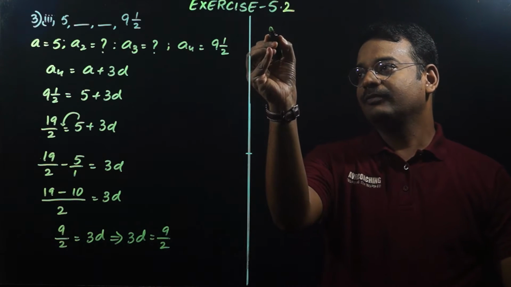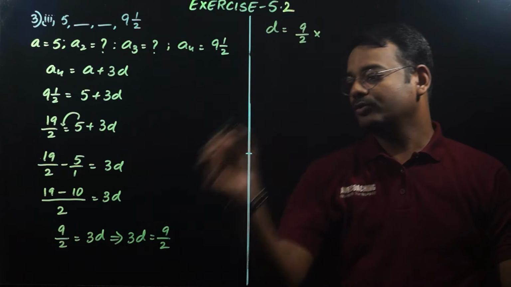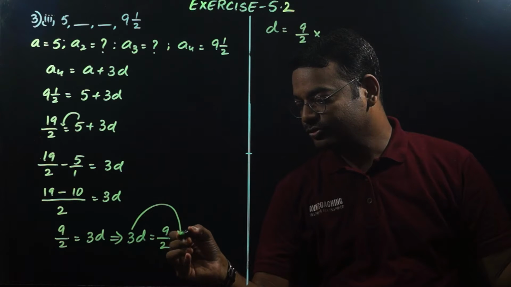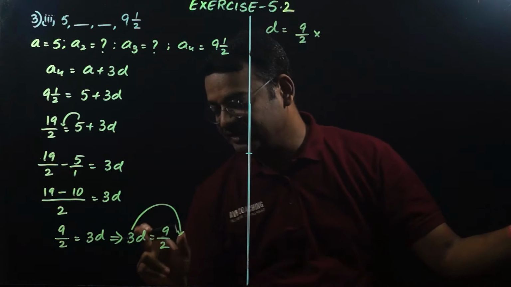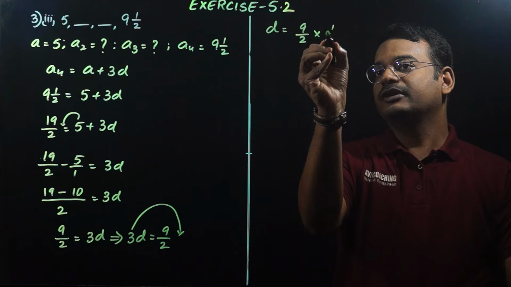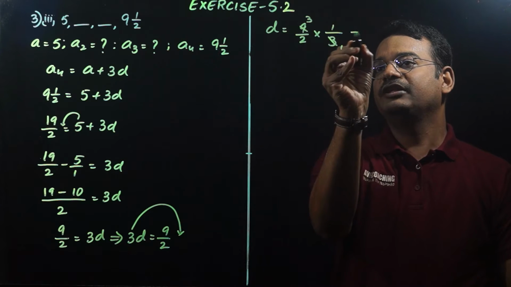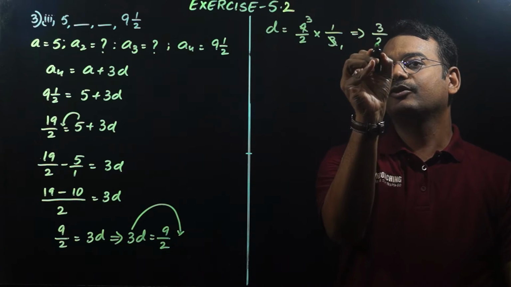Now D value is equal to 9 by 2 into, if this 3 comes to the right hand side, since this is multiplication, 3 into D, it is converted to its reciprocal. So 3 ones are 3, 3 3s are 9. So D value is 3 by 2.